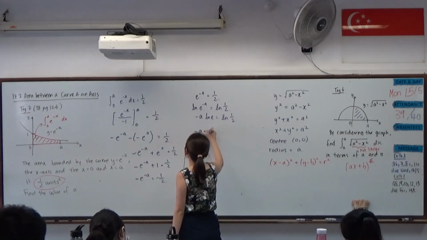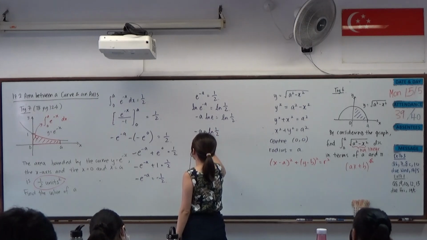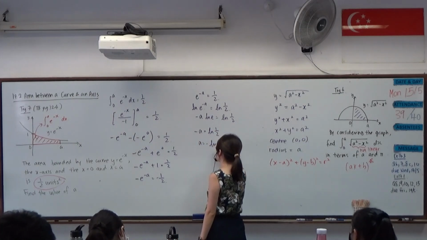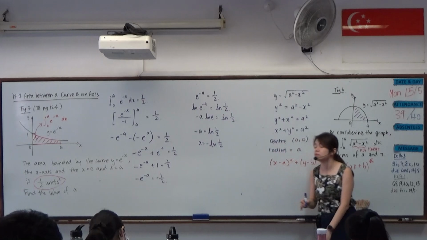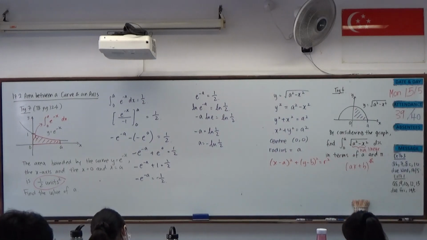So negative a equals to ln half. Okay, in other words, a equals to negative ln half. Okay, you may leave your answer in this manner.